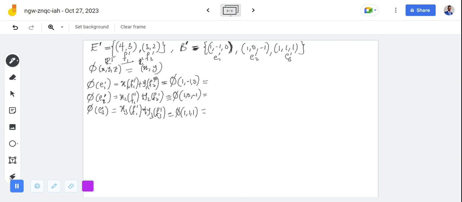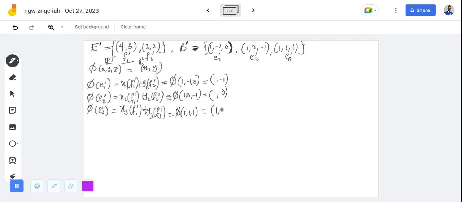So then we continue. I quickly want to evaluate it once and for all. This x is 1, y is minus 1. Substitute it here. I will have 1 comma minus 1. Right? Here x is 1, y is 0. No z in this projection. So that means I only have 1 comma, my y is 0, so I'll put 0 there. So here in this case I have x as 1, y is 1, z is 1, but there is no projection of z in the final result here.